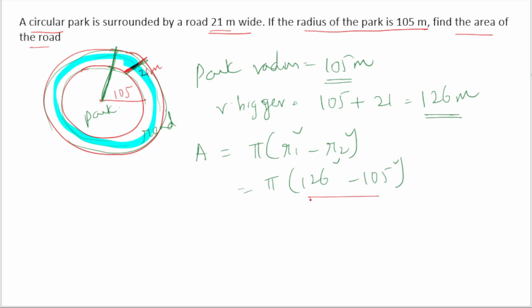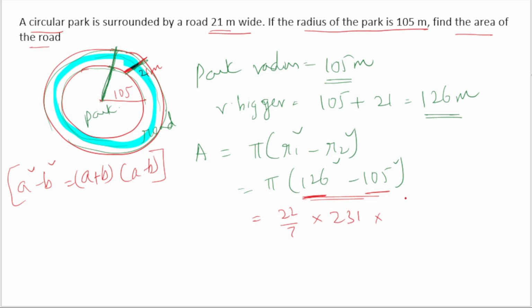This is in the form of a square minus b square, which is a plus b into a minus b. We can directly find the squares of these numbers and write the answer, but I will do it this way so that the calculation is easier. So pi is equal to 22 by 7 into 126 plus 105 is what?